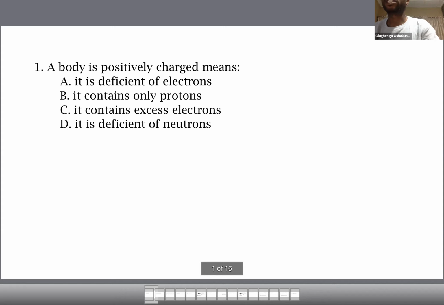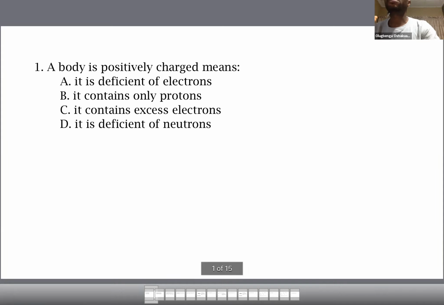It is deficient of electrons. When we have a body that is having equal number of protons and electrons, since the magnitude of the charge of an electron is equal to the magnitude of the charge of a proton, we can say the body is electrically neutral.